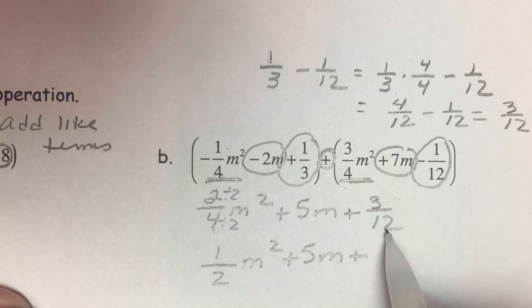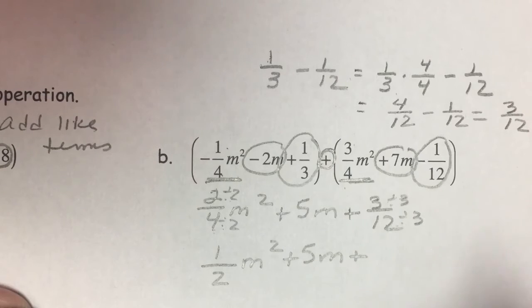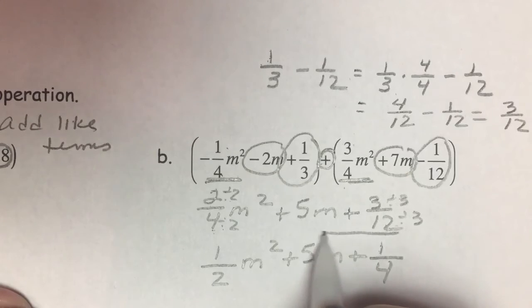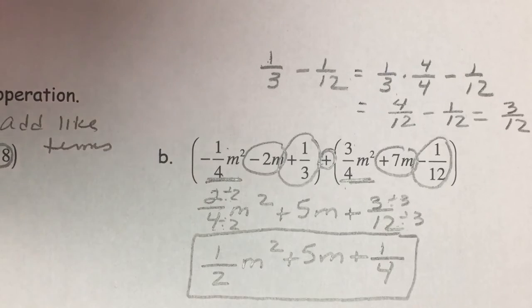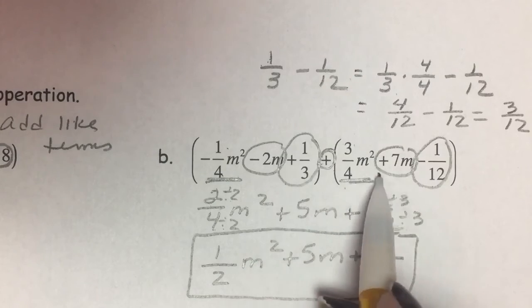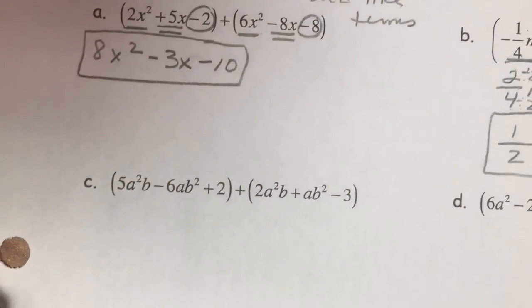Well, they're both divisible by 3. So if I divide by 3 and divide by 3, 3 divided by 3 is 1, and 12 divided by 3 is 4. So there we go. So again, when you are adding two polynomials like this, you just simply have to combine or add like terms.